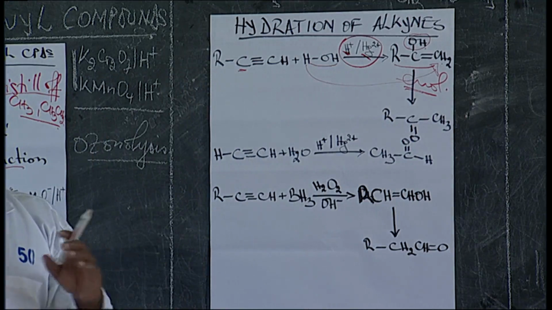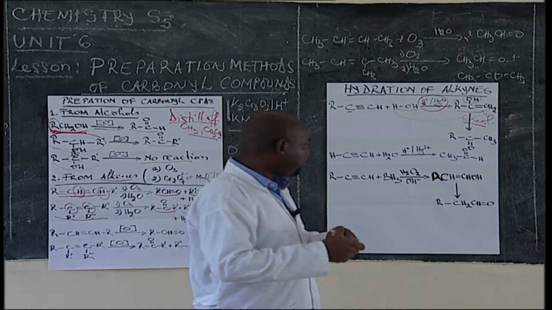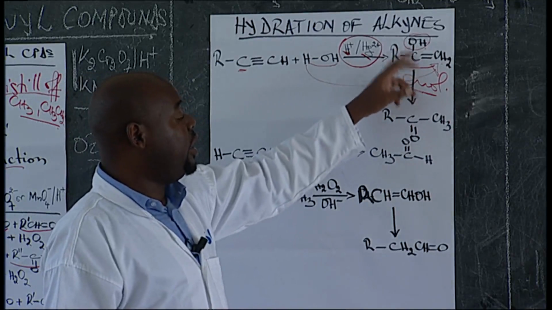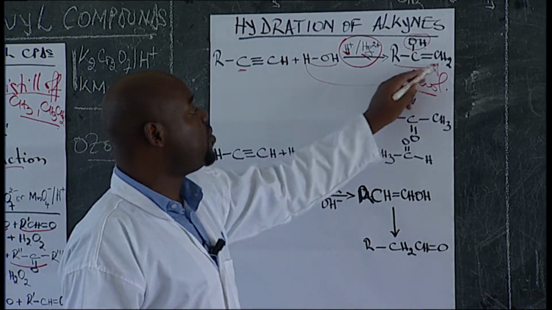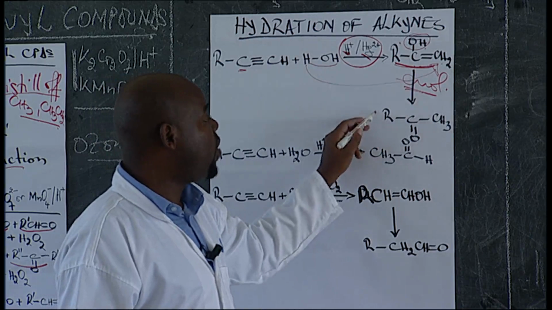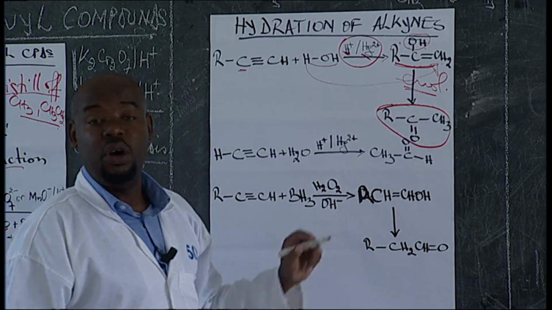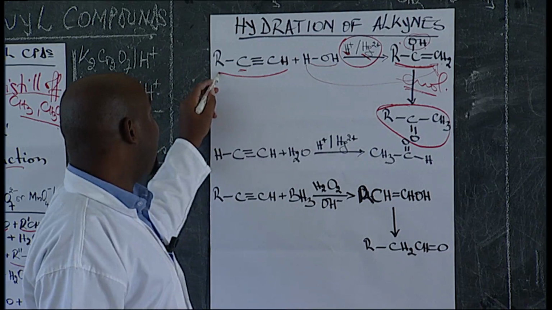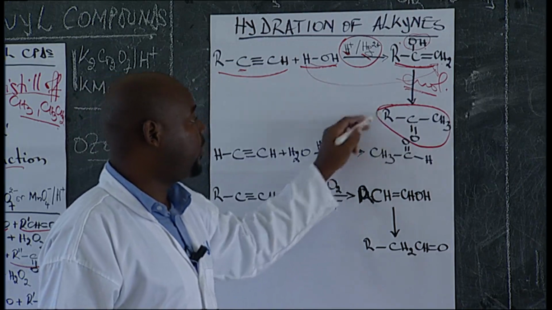So it is a combination of the alkene and alcohol functional groups. And because of being in equilibrium with this compound, and being less stable, it transforms itself into the more stable ketone. So when we react an alkyne with water, we produce ketones.